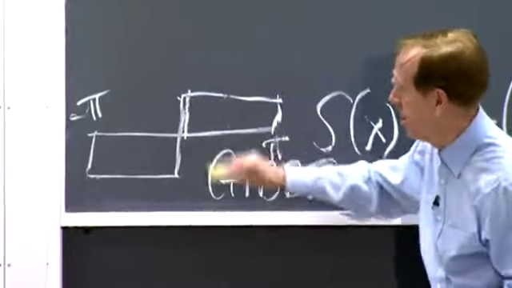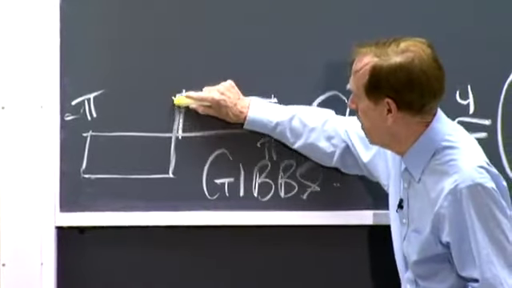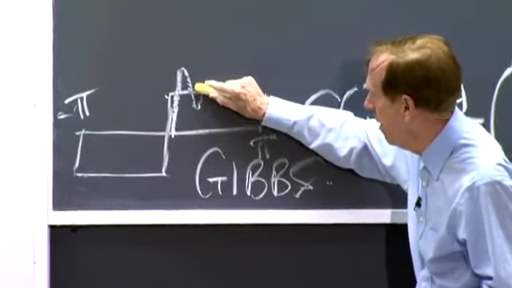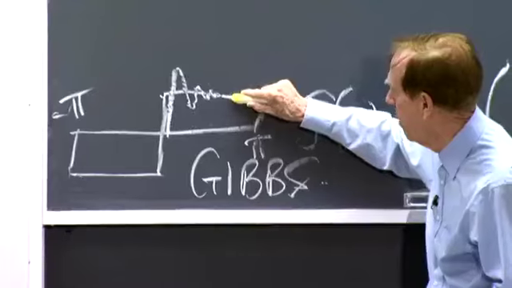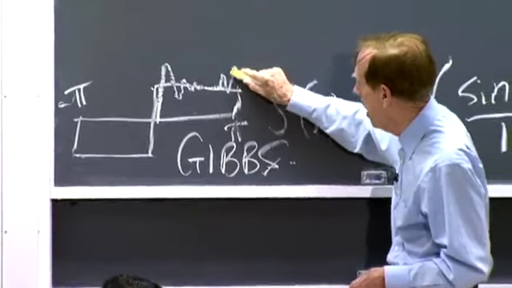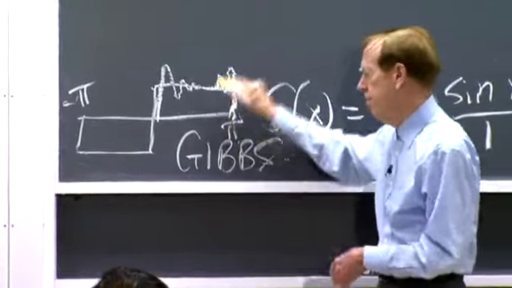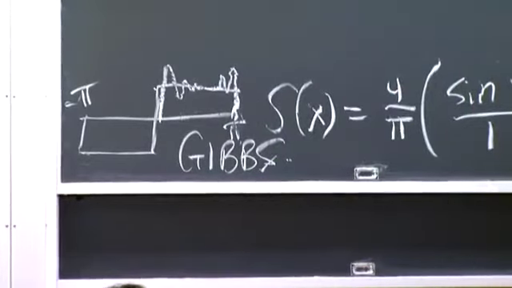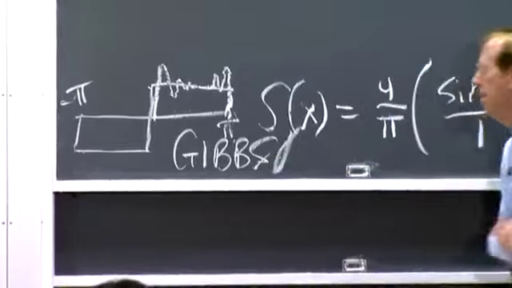If I take 1,000 terms, it'll do its best, but it will overshoot by an amount that Gibbs found, and then it will get really close, and then it will overshoot again, and then symmetrically, or anti-symmetrically, I should say. So that's the Gibbs phenomenon of great importance.